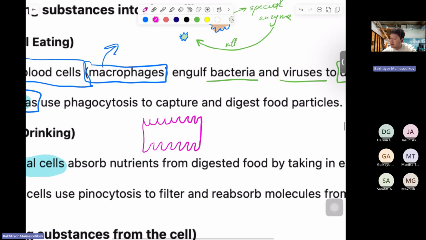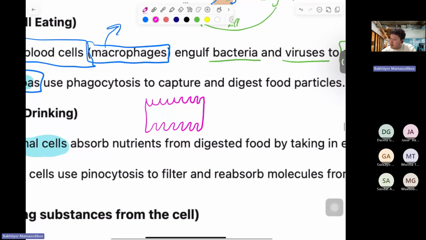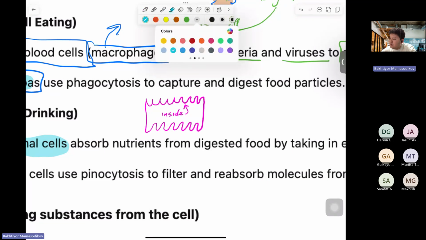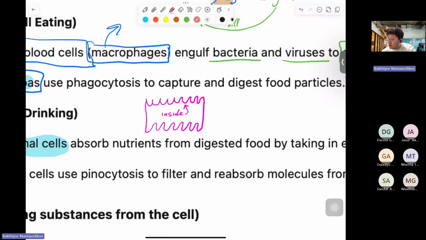We call them intestinal cells. This is inside of the intestine, and inside you can see the cells. These are the intestinal cells inside of your intestine.